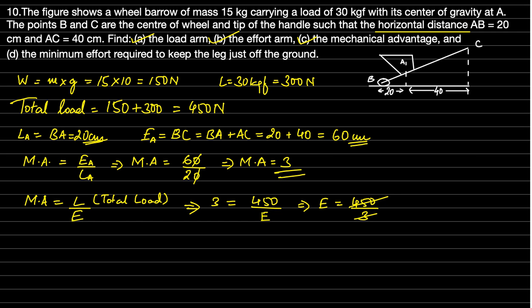So we get this as 150. So we get effort as 150 newtons, or converting it to kgf, if at all that is required, we'll have to divide by 10, and that would give us 15 kgf. So that completes this particular question.